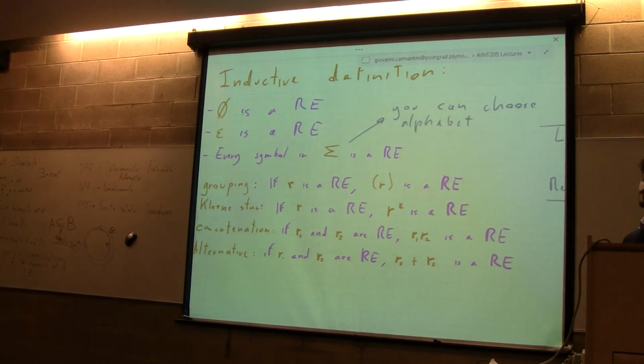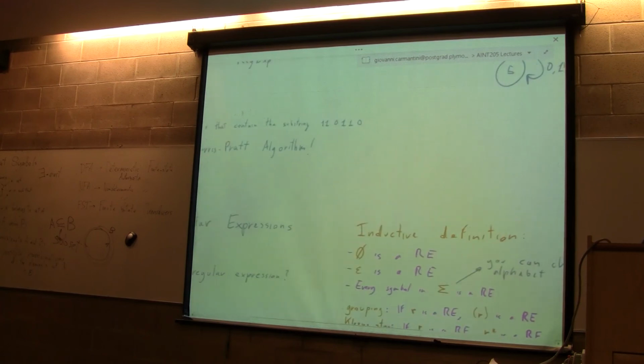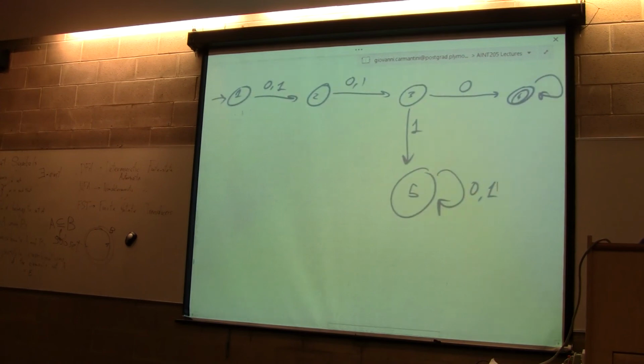Every element in your alphabet is a regular expression. If you concatenate two elements, that's a regular expression. If you group them, regular expression. If you do the Kleene star, it's a regular expression. If you do the alternative, it's a regular expression. And now I will show you how, otherwise, of course, how can you understand? So let's transform this into a regular expression.